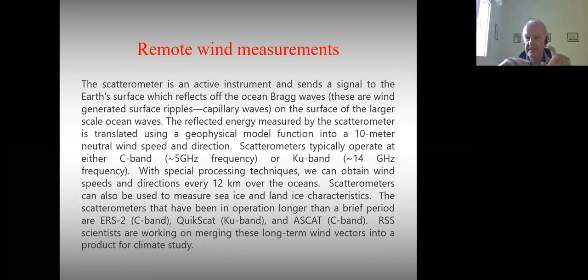Because these small capillary waves, their progression, their changes, are determined by the wind over the sea surface. And with special processing techniques, we obtain wind speed and direction every 12 kilometers over the ocean.